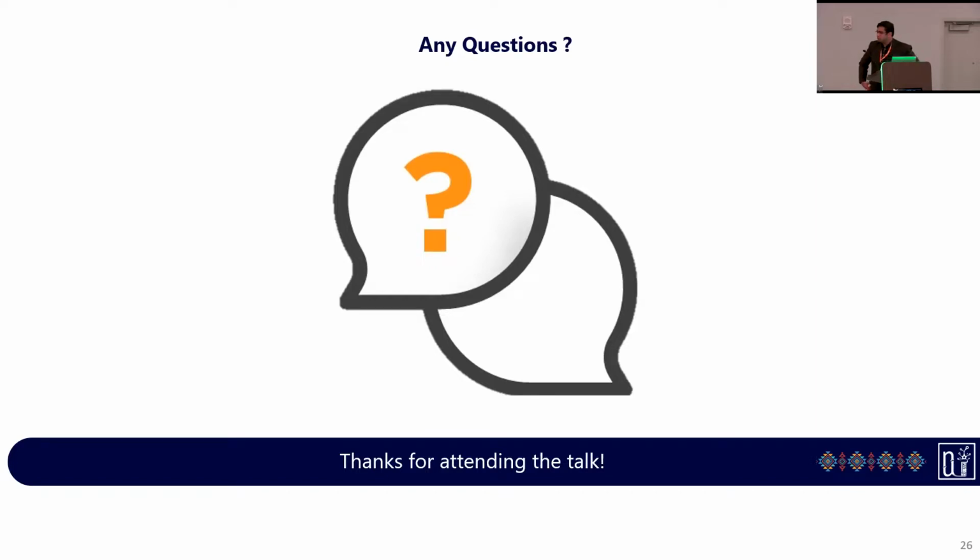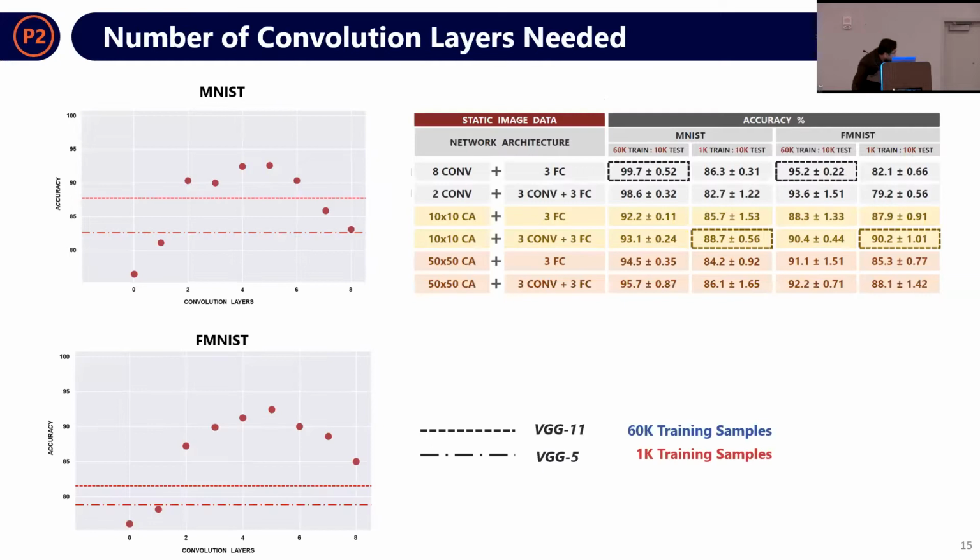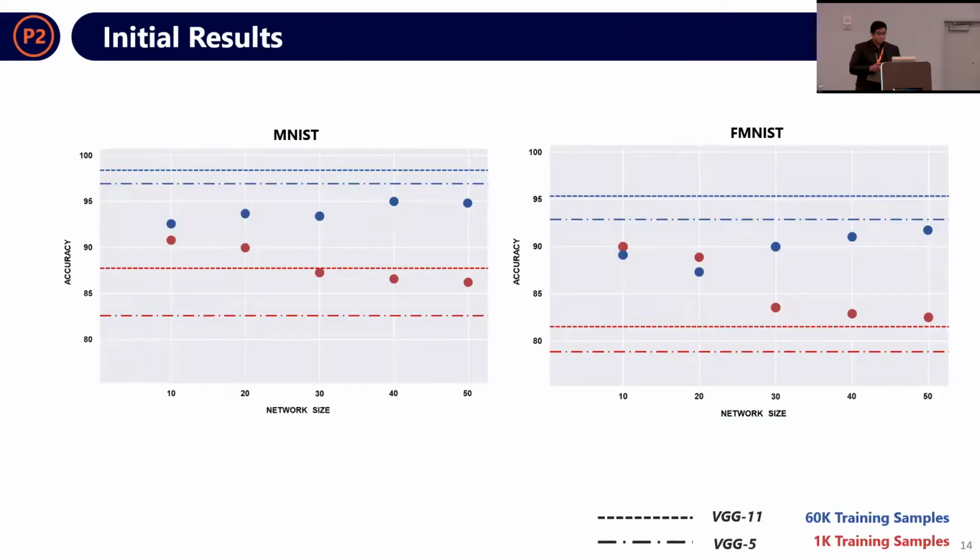Well, thanks a lot for your talk. I was wondering if we could go to slide number 14. You might have said this and maybe I missed it. Why is it that the accuracy of your network is going down with the network size? Right.